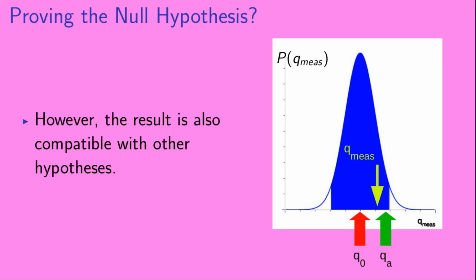However, the result is also compatible with other hypotheses. For example, here we could have an alternative hypothesis that predicts a value QA for Q located just to the right of Q measured. Or we could also have an alternative hypothesis that predicts this value QA for Q that lines up very well with Q measured.